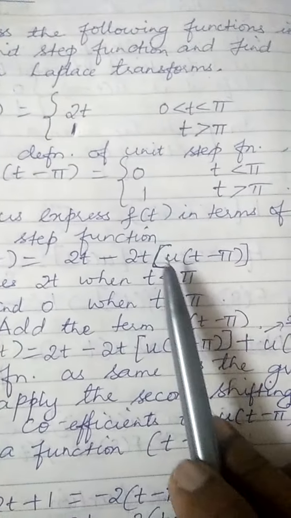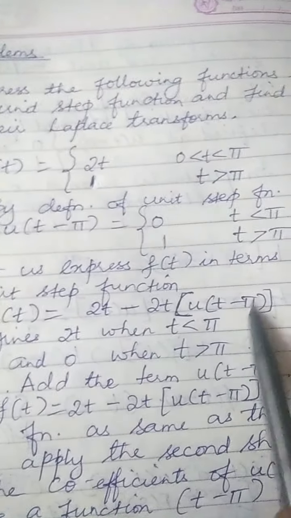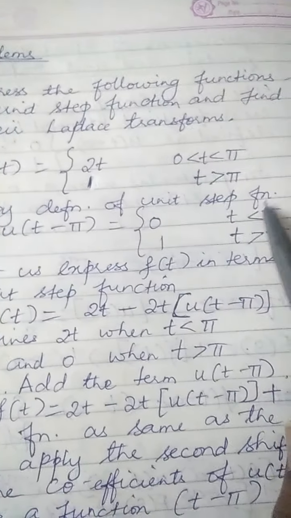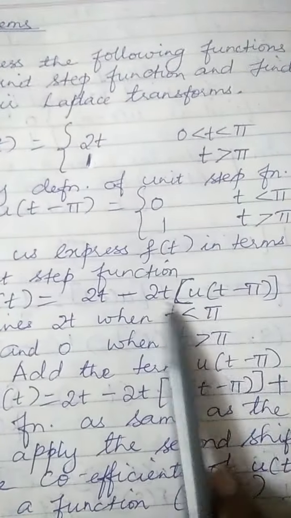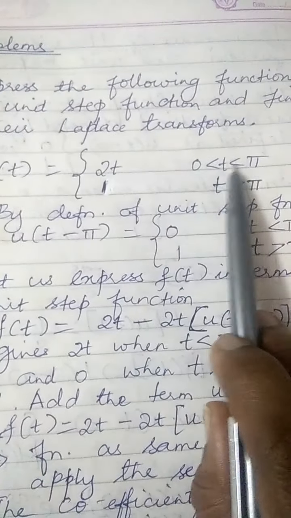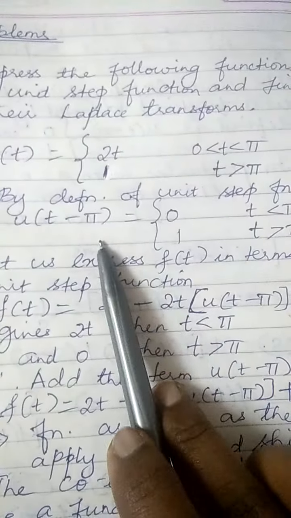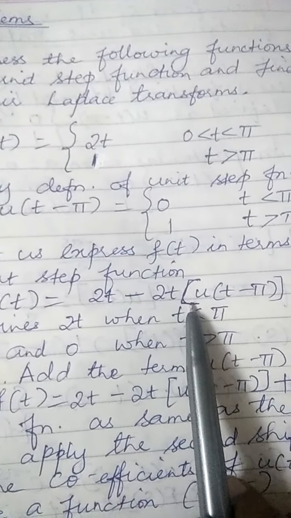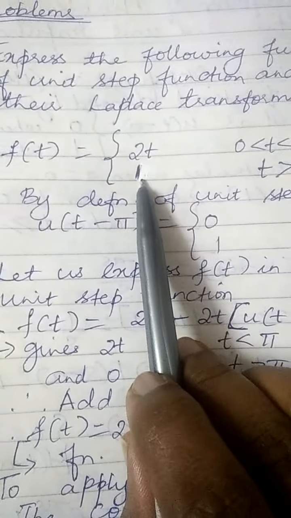Now what happens when we write only this is that when t is less than pi, u of t minus pi is 0. So it will become 0 here and we will get the respective function when t less than pi. But when t greater than pi, u of t minus pi is 1. So if u of t minus pi is 1, 2t minus 2t is 0. But we are supposed to get the value 1.